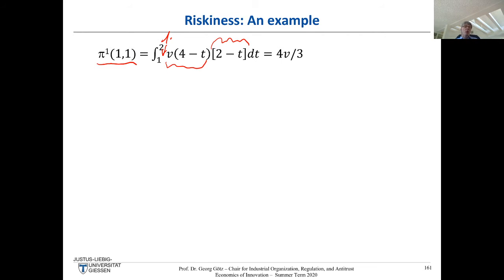Now, you only get the profit if you're the first. But now the second firm also has the same project. And now we have to take into account the probability with which you are first. Now, what is the probability that the other has invented at some date, say at point t equal 1?